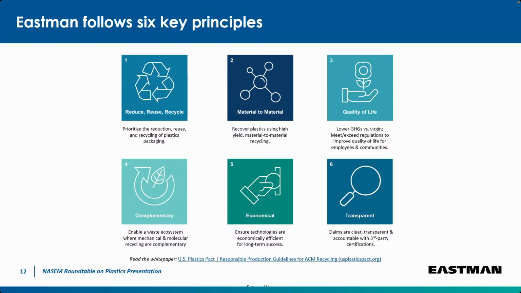First off, we need to make sure that we are adhering to a model of reduce, reuse, recycle. These technologies are not simply an excuse to continue to proliferate the world with more single-use plastics, but it's a way for us to figure out how can we have the right material for the right application, have products that are suited for biodegradation and compostability.